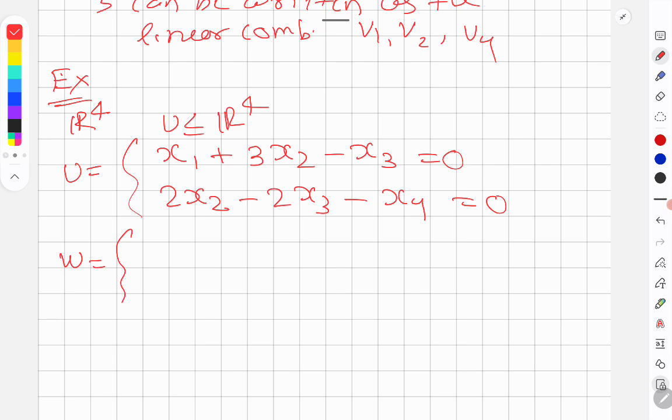Now you see these are equations. The question could be given in equation, or it could be given as a general point. So for w, it has been given as a general point, like coordinates: a + 2b, -b, -2a + c, and a + 2b + 2c.